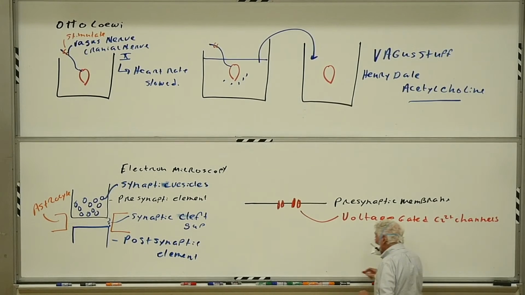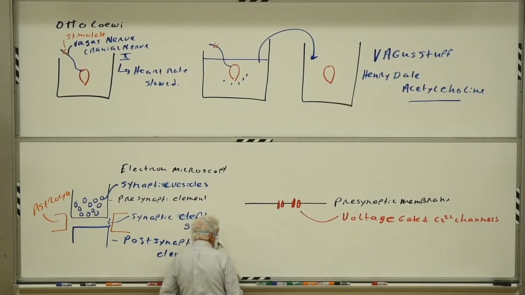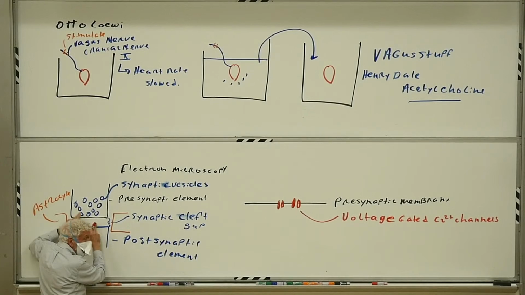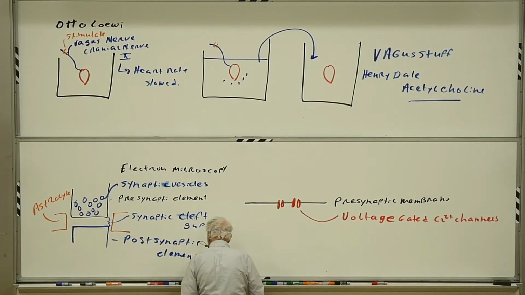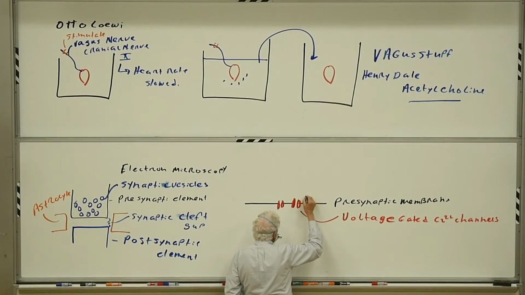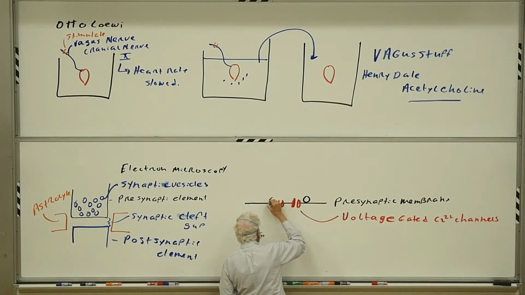Now, to be sure, voltage-gated calcium channels occur in other places too, and we're going to talk about them when we get to the heart. But this is a special set of voltage-gated channels that are found in the membrane at the synapse. Then right next door to those voltage-gated calcium channels, they would see synaptic vesicles clustered right up against the membrane.